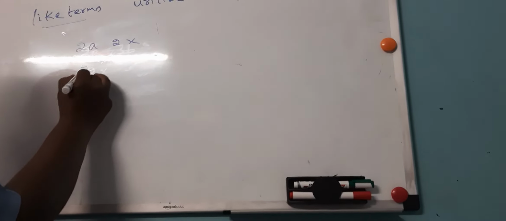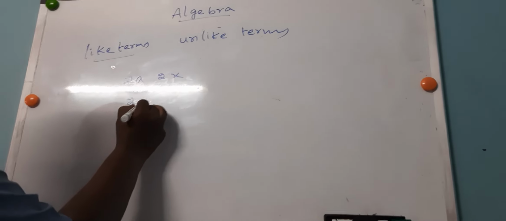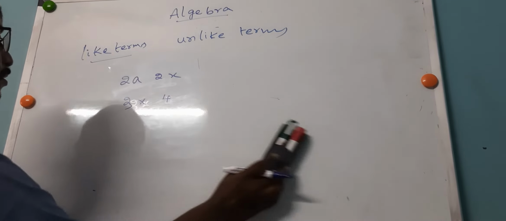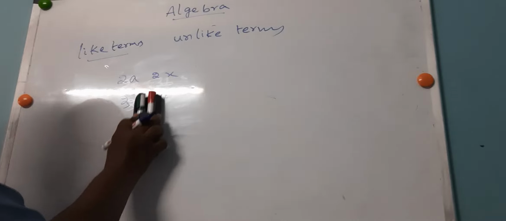Another example, 3y, 4y. Observe these pairs of terms. In 2a, 2 is a constant. In 2x, 2 is a constant.